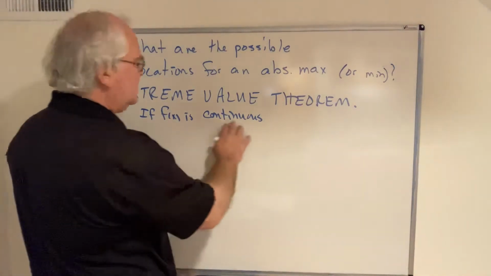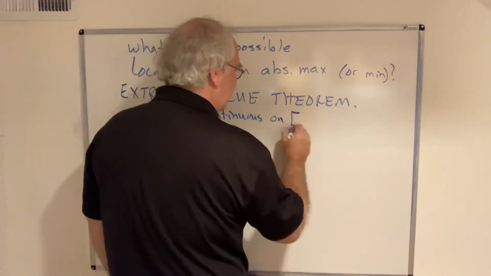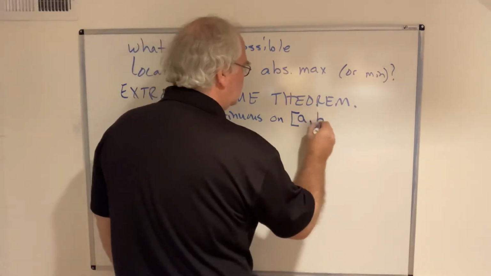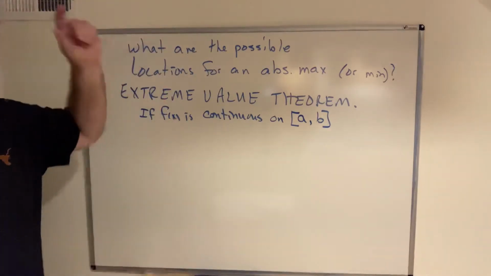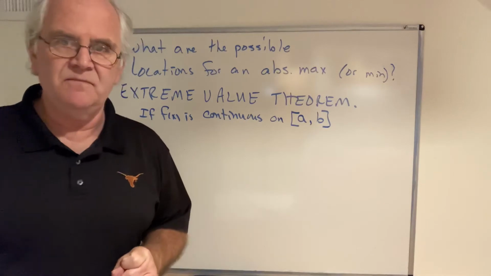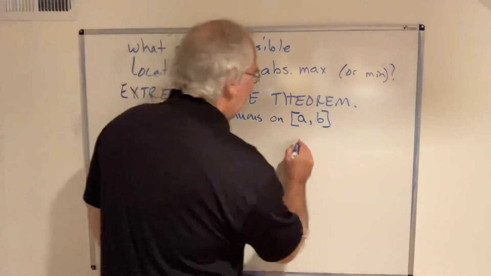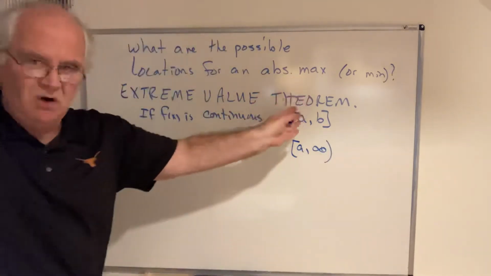If f of x is continuous on, and here's the key, on the closed interval AB, it must be a closed interval and it must be of finite length. If the interval you're dealing with is from A to infinity, then all bets are off.